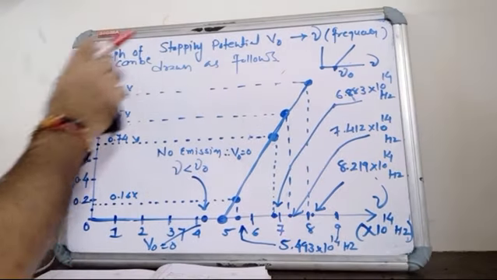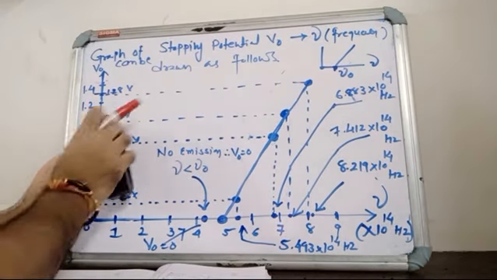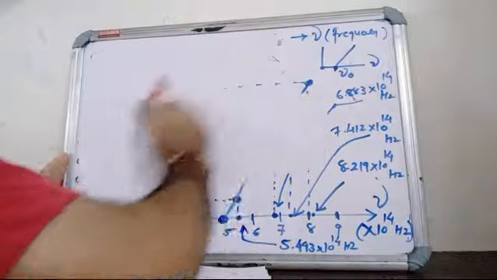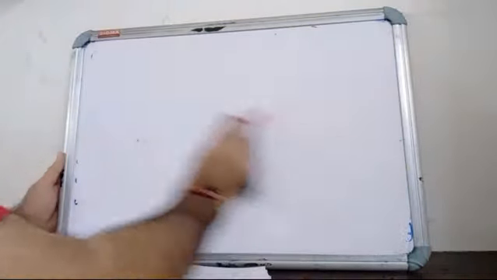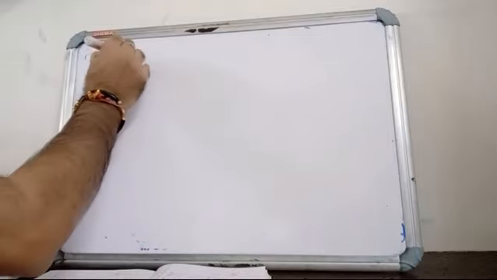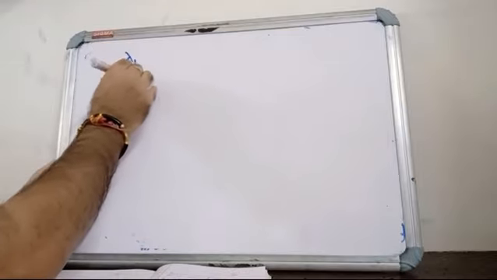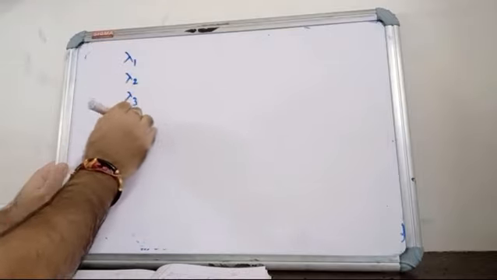Very good. So let me rub this and move forward. Our task is to find the value of Planck's constant, right? Determine the value of Planck's constant. What we have done: we have been given the values of lambda 1, lambda 2, lambda 3, lambda 4, lambda 5.